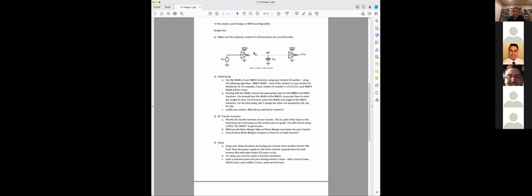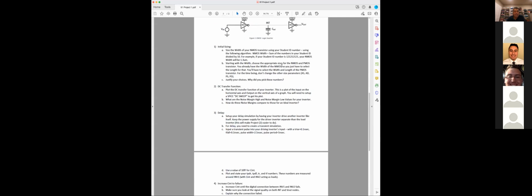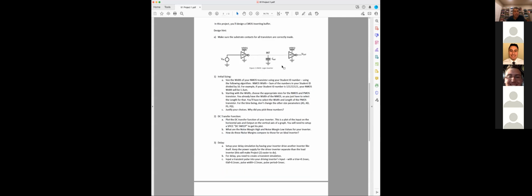So this is what your schematic ends up looking like for the delay simulations. You drive the first inverter with a voltage source with a certain rise and fall time, and I'm already doing that in the LTSpice file, so hopefully you don't have to do a lot of thinking there.